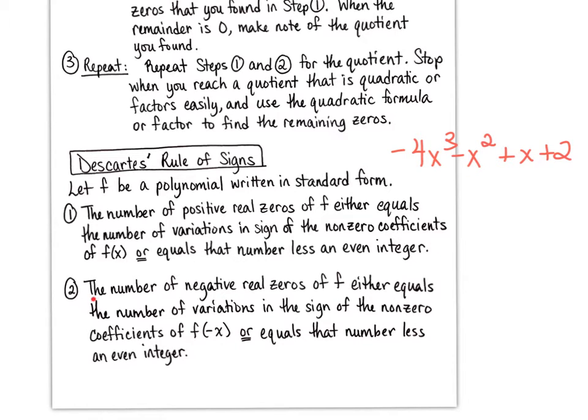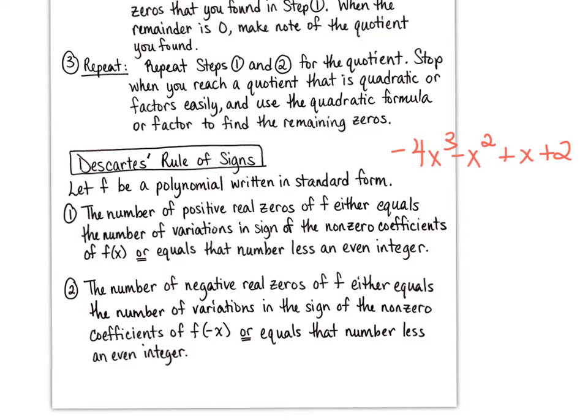Okay? 2, the number of negative real zeros of f either equals the number of variations in the sign of the non-zero coefficients of f of negative x. So what we would do here, you would substitute in negative x for the polynomial to see what you get.